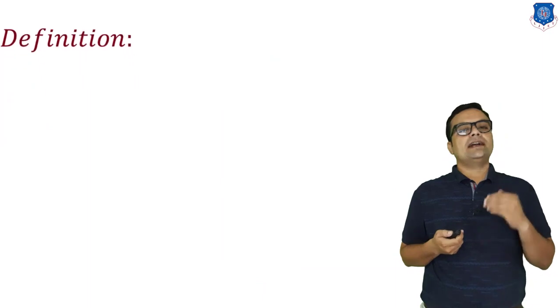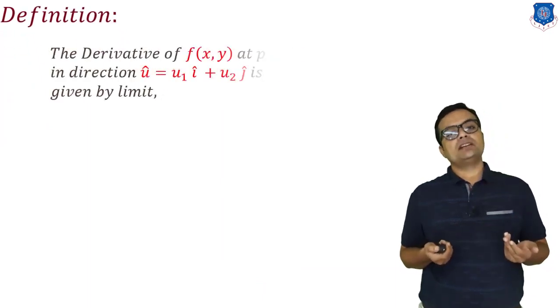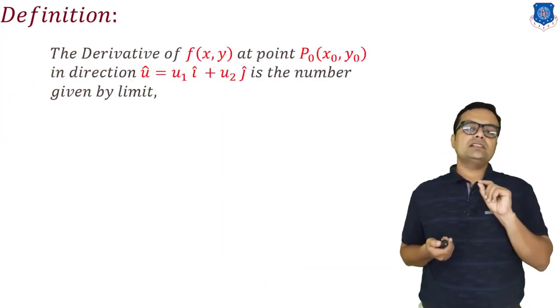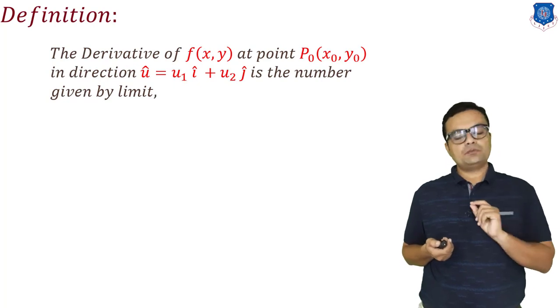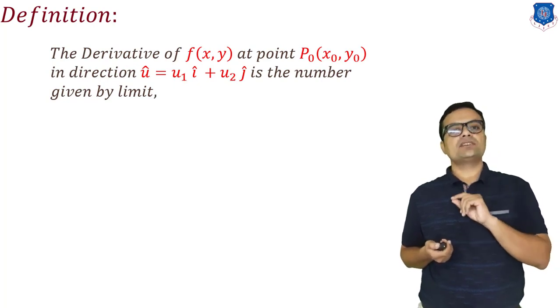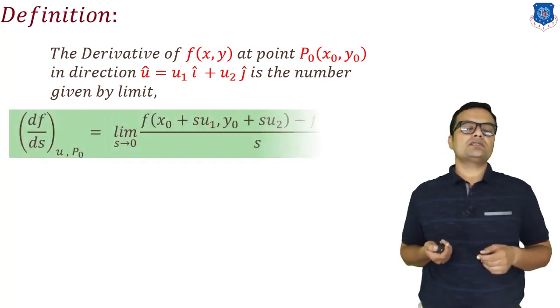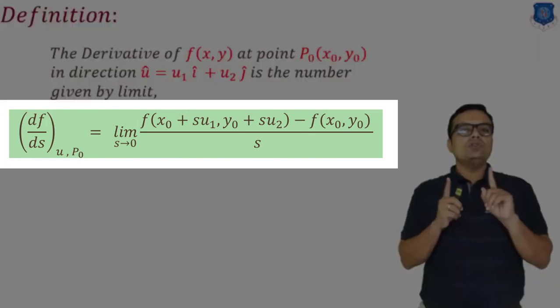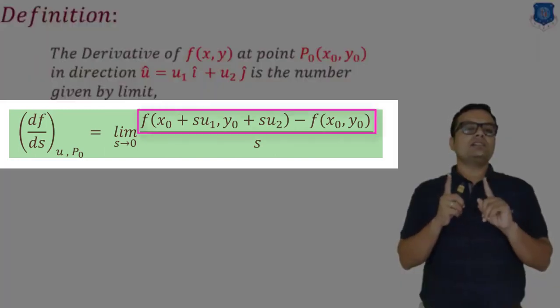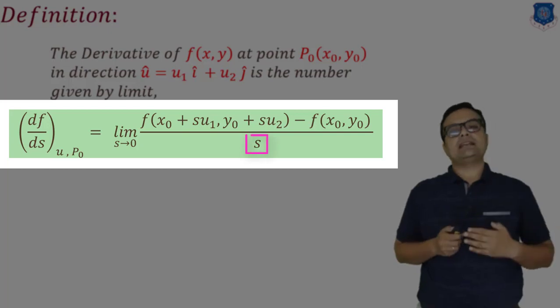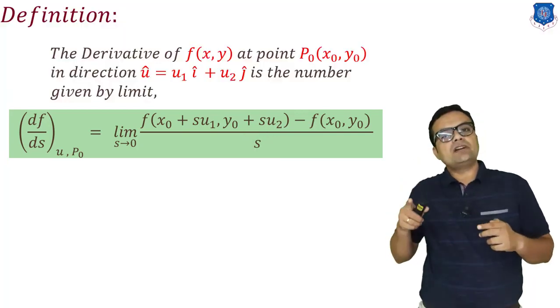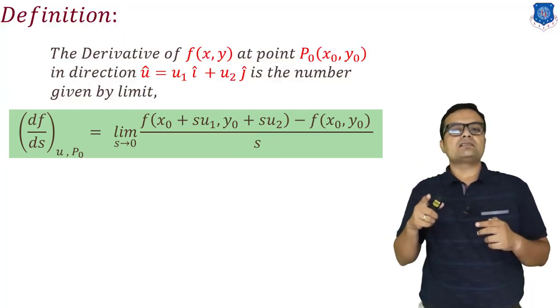So now we are at the point where we can define directional derivative. I am fixing a function f of x, y, point P0 (x0, y0), and direction u cap as u1 i plus u2 j. If you look carefully, in the numerator I have taken the difference and I am dividing it by s. So the difference quotient is ultimately considered over here.